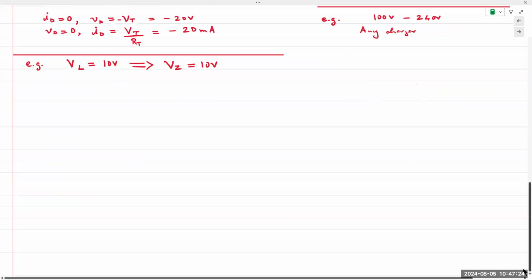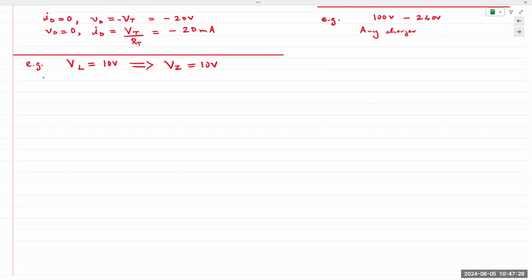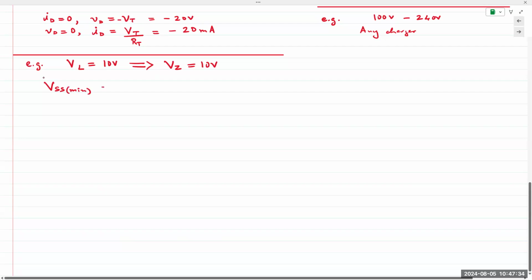So let's find the minimum voltage. What would be the minimum voltage? Well, that can easily be given by KVL. So VSS minimum would be VZ plus VR.